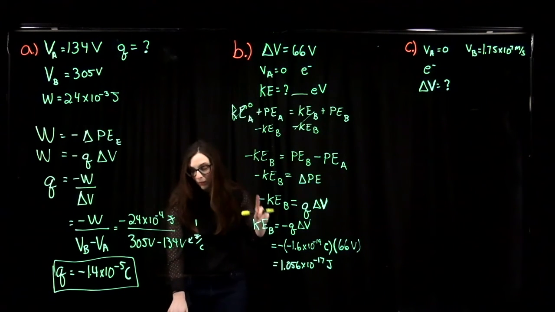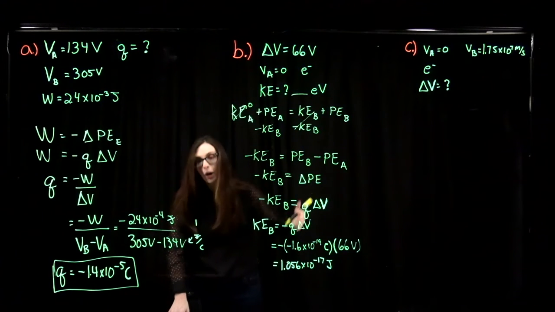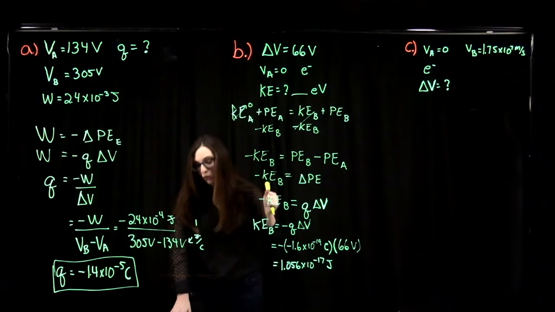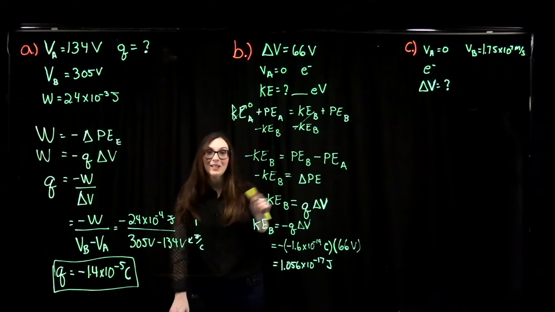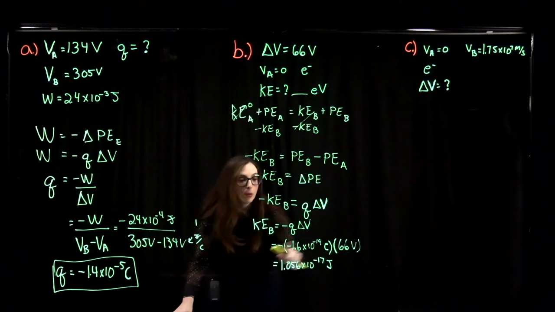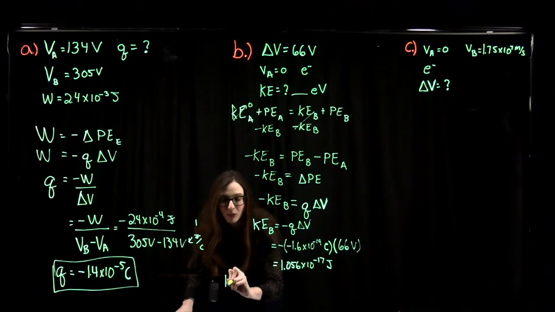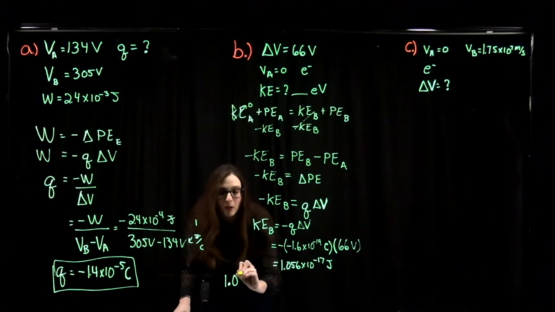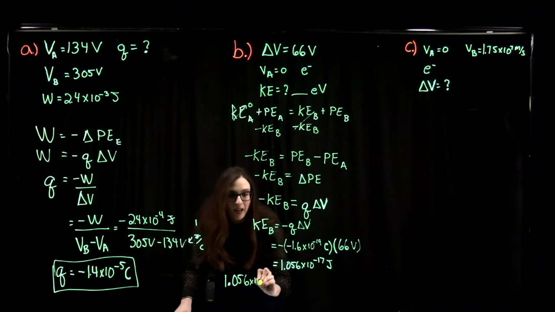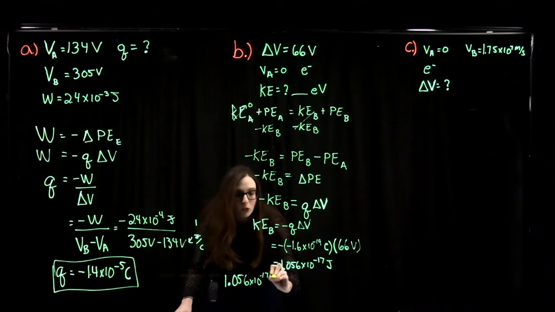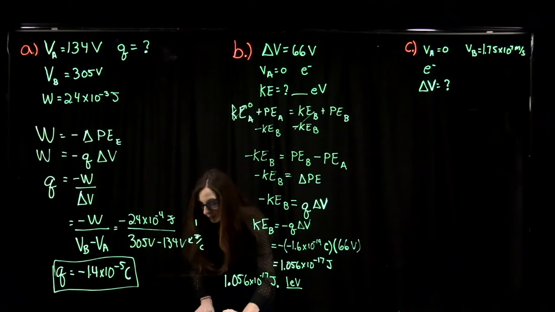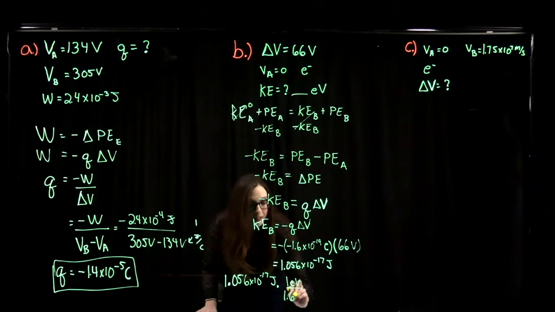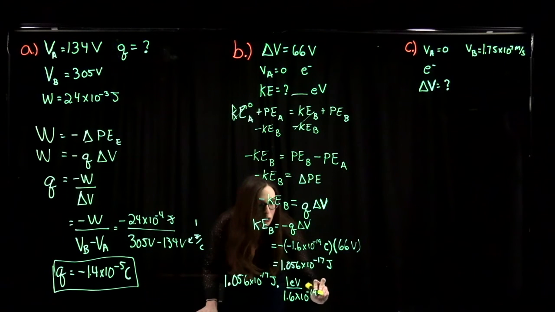Now, 1 electron volt is the energy given to a fundamental charge to accelerate it through a potential difference of 1 volt. 1 electron volt is 1.6 times 10 to the minus 19 joules. So I'm going to use a conversion factor to convert this from joules to electron volts. 1.056 times 10 to the minus 17 joules times, we've got our conversion factor, 1 electron volt per 1.6 times 10 to the minus 19 joules.